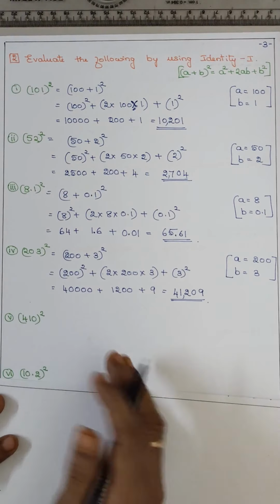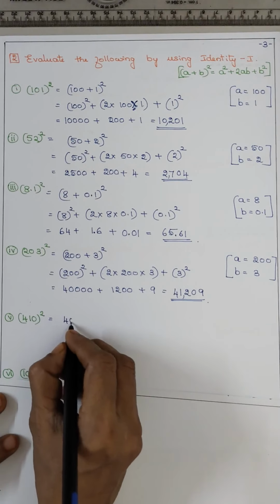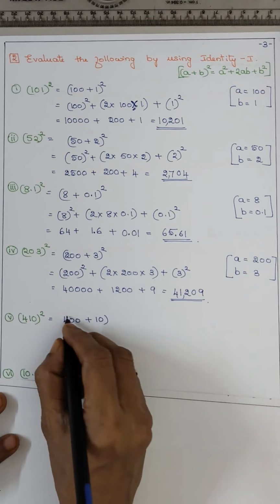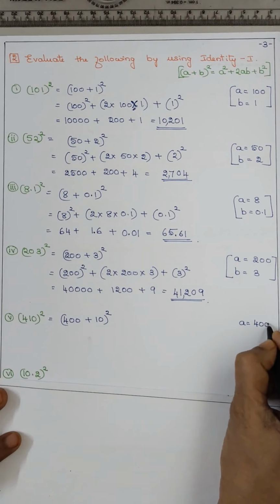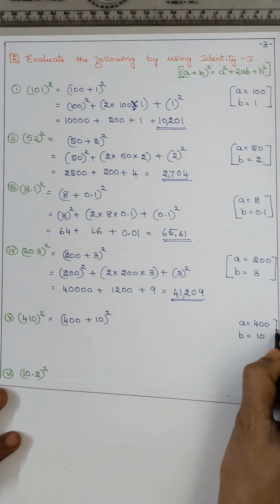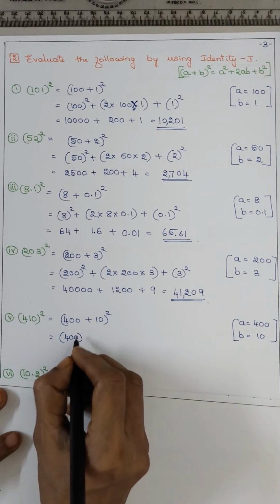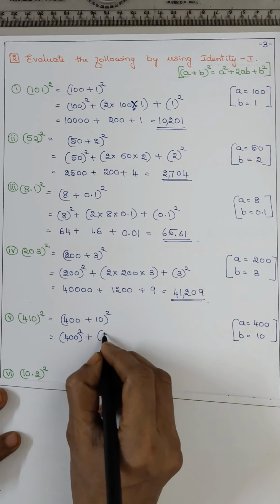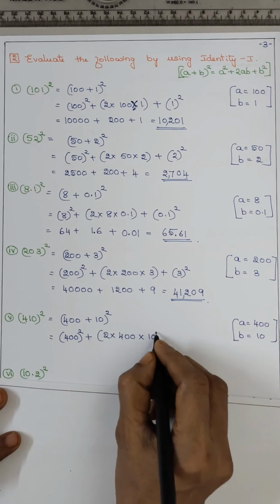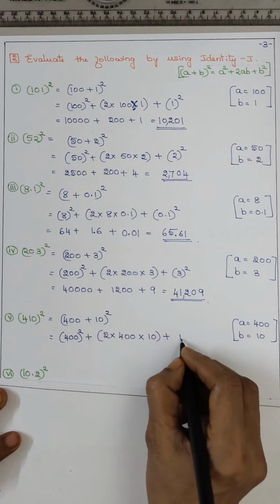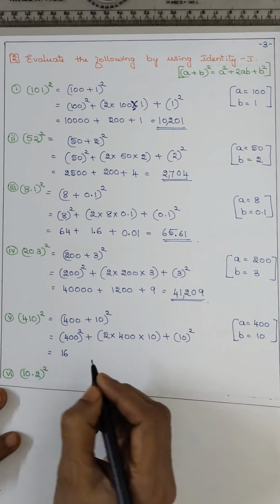Now coming to the fifth sum, it is 410 square, that is 400 plus 10 the whole square. A is equal to 400, B is equal to 10. a square, 400 square, 2ab, 2 into a is 400, b is 10, plus b square, 10 square. 4 squared is 16.